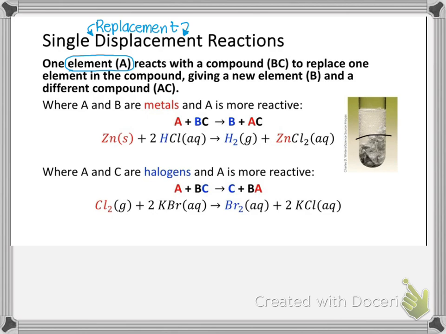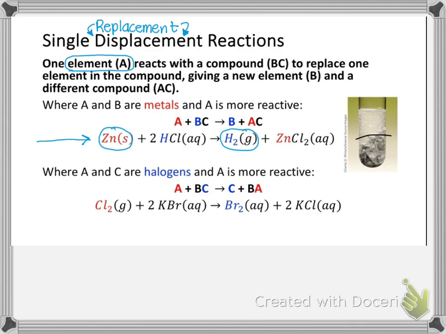So if we're looking at a chemical equation and we see only one type of atom, that would be an element. In this first example, zinc by itself is an element on the reactant side, and hydrogen by itself is on the product side. Both of those are elements.